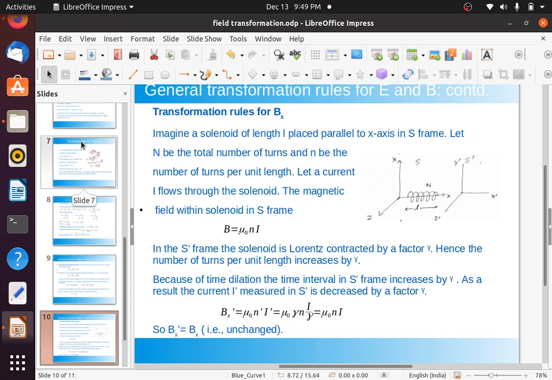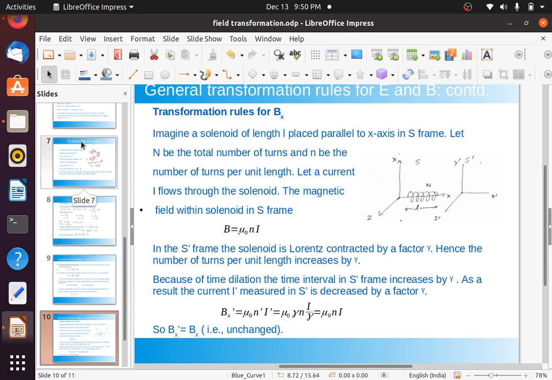But while you are looking from the S dash frame, the time changes. The time interval measured will change, so the time interval gets increased. Time interval increases due to relative motion. So what will happen? The current changes, because current depends on time. It is charge per unit time. So the time interval gets elongated.